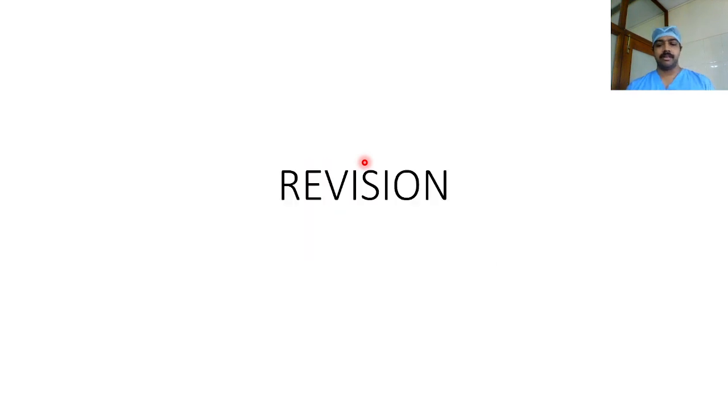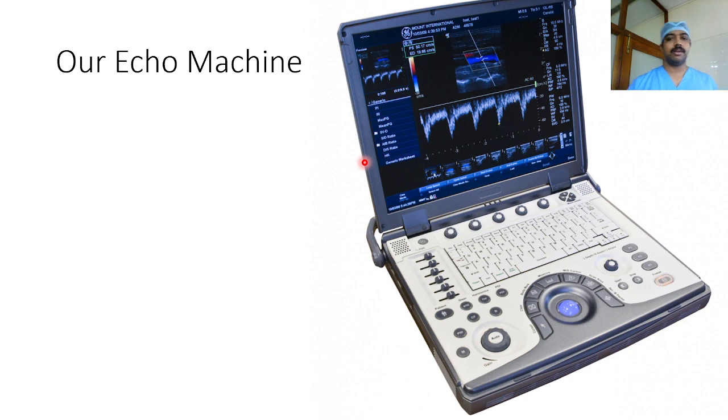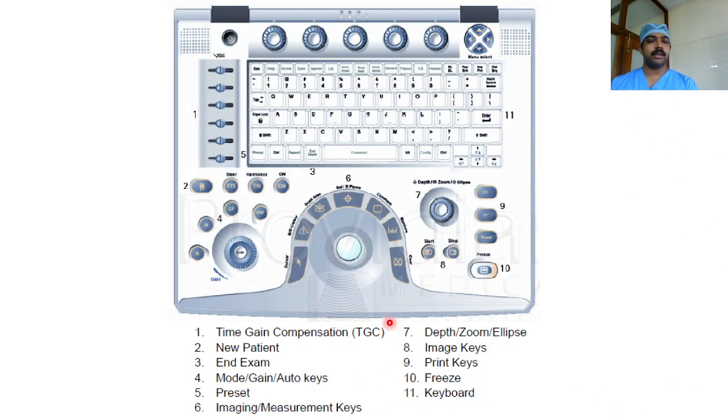Next, sir, 4D echo. So we will revise this. This is our echo machine, and we have all the probes. We have discussed all these things. Steer. Here comes the tissue Doppler imaging, continuous wave, pulse wave, color flow, M mode, B mode. Then here the trackball assignment and all, we can change the sector, scan area, all these things.